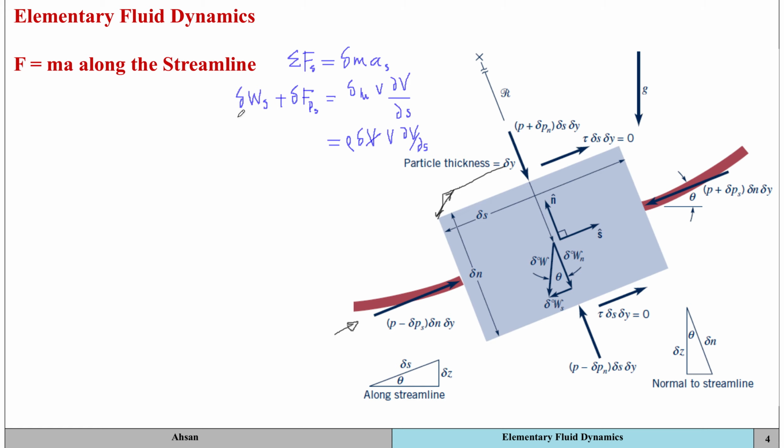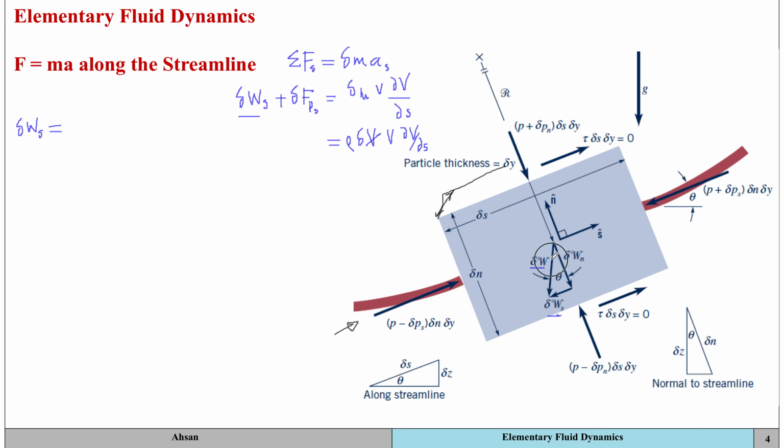First, we look at the weight force, and we look at it over here with this triangle given to you. We need to find out the weight force in the streamline direction.